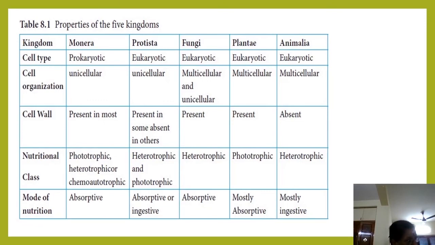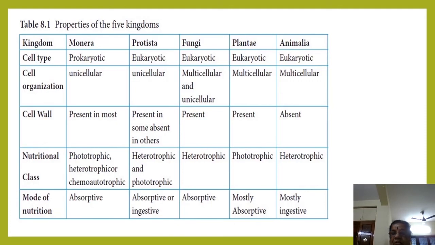It may be phototrophic or chemoautotrophic. I have explained it in a classification that you can understand. Mode of nutrition is actually autotroph and heterotroph, and additionally there is a group that is absorptive or ingestive. I will explain the details in the next session. Actually these two should go together.